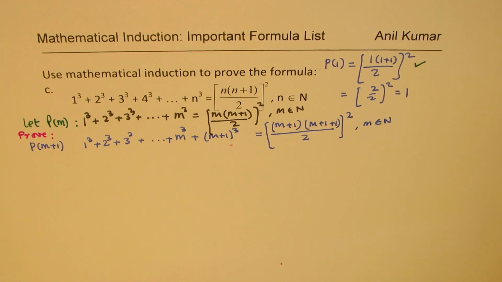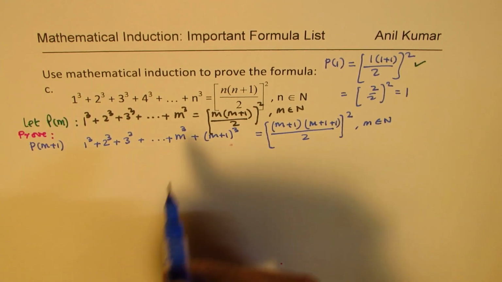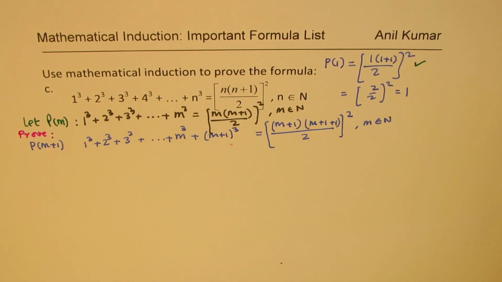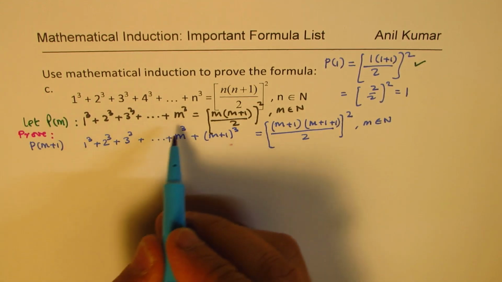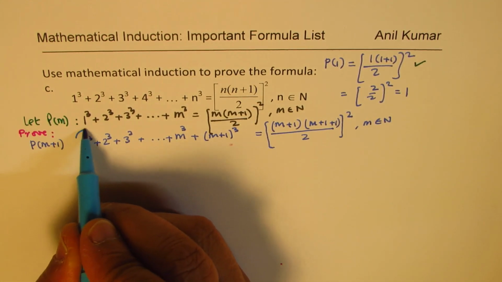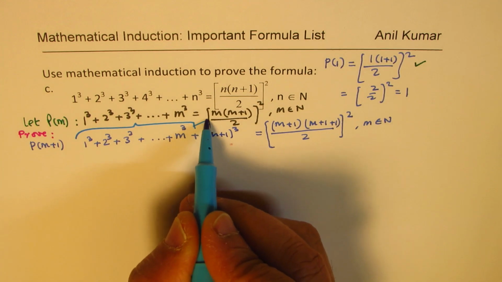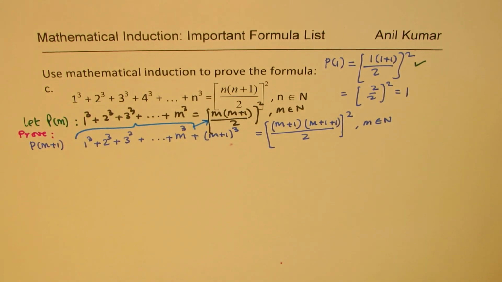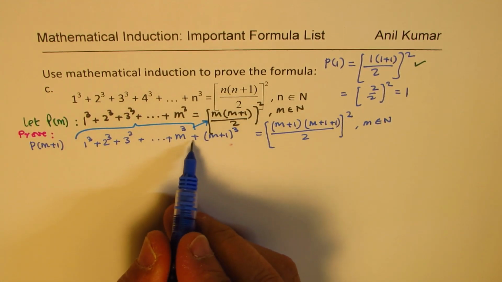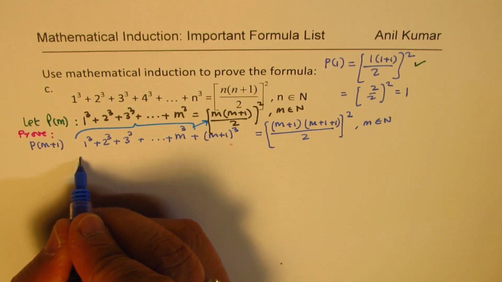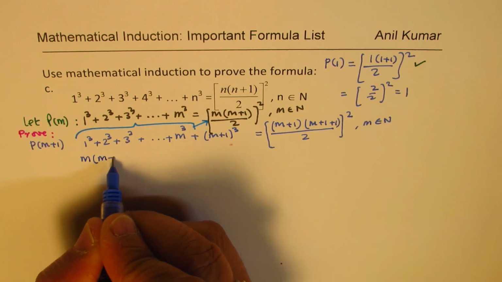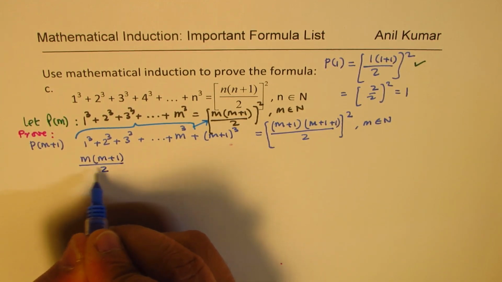Clear? Now from the previous statement, what do we know? We know that these terms add up to this, correct? So we could now write the first group of terms as m times m plus 1 over 2, whole square.